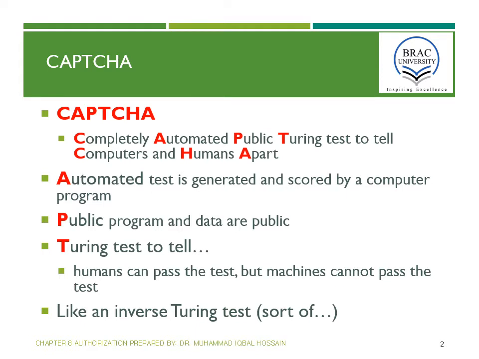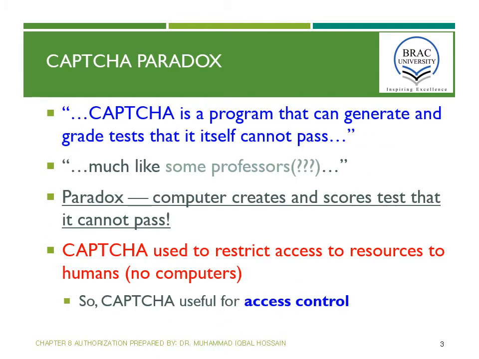There is also a scoring system, through which it is going to score a program. So the human can pass the test, but the machine cannot pass the test. CAPTCHA is used to restrict access to resources to humans, not computers.